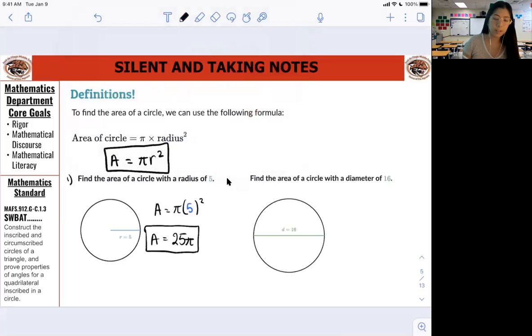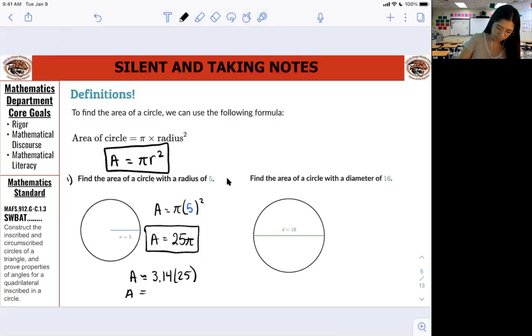Again, we are not going to use it unless they tell you to, okay? If they say to approximate it using 3.14, great. Then you just put that into your calculator and multiply 3.14 times 25. Now, what do you get for that?